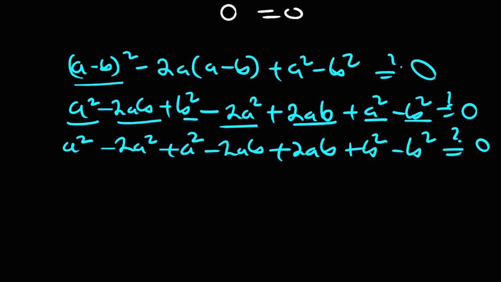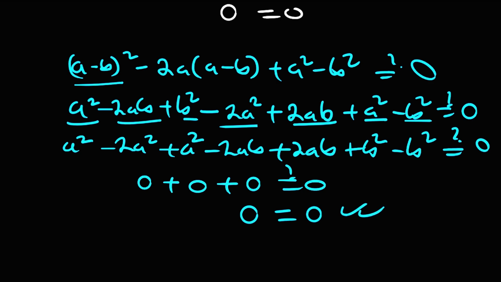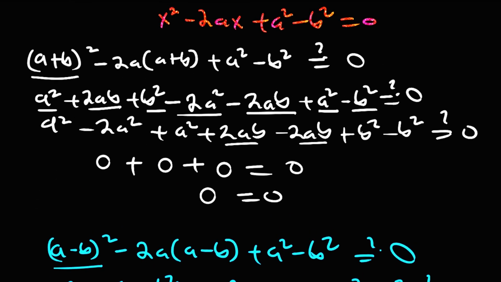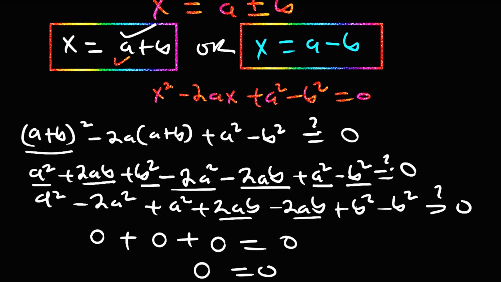So a squared minus 2a squared is minus a squared, plus a squared, that is 0, plus 2ab minus 2ab is 0, and plus b squared minus b squared, which is also equal to 0. And then you can see that we have 0 on both sides of this equation. So it therefore means that our second solution, that is x is equal to a minus b, is also correct.